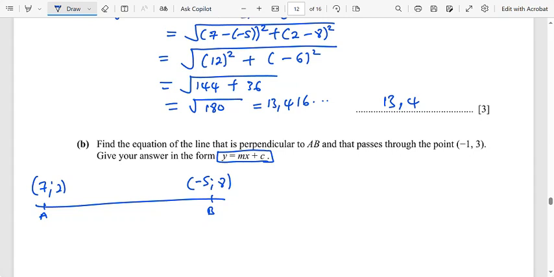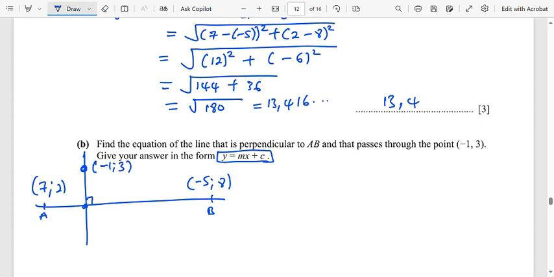At some point, we don't know at what point, the line that is perpendicular to our given line AB is intersecting with it. So it might be at this point, it's not being given. So what we know is it's perpendicular, and the point of intersection, we don't know it. However, we have another coordinate which has been given, which lies on the line which is perpendicular to AB, and that point is -1, 3.